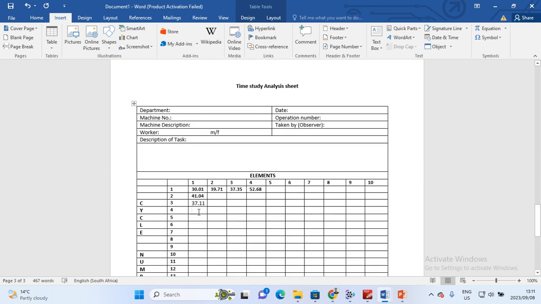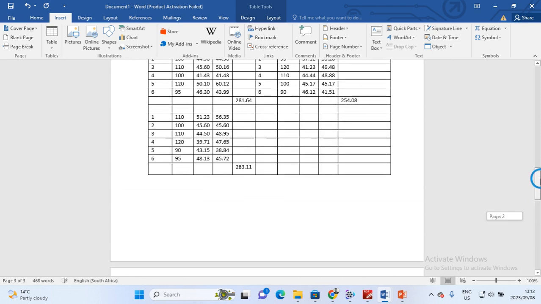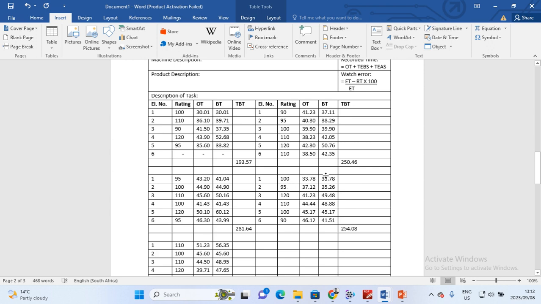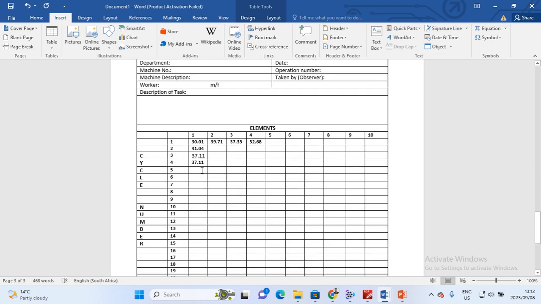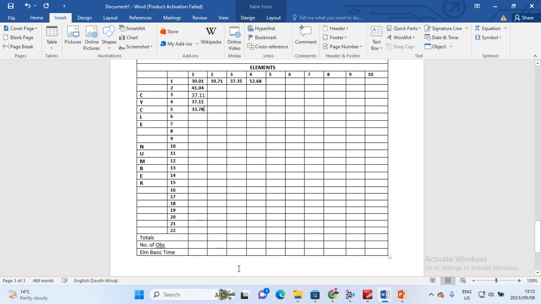In this case, it's going to be 37.11. And then we have our last cycle, element 1, which is right here. This is our last cycle, element 1, 33.78. Now, for us to find the total, we're just going to do 30.01 plus 41.04 plus 37.11 plus 37.11.